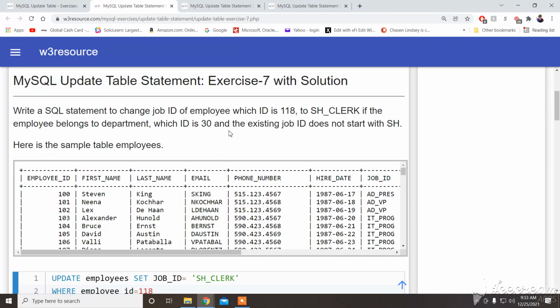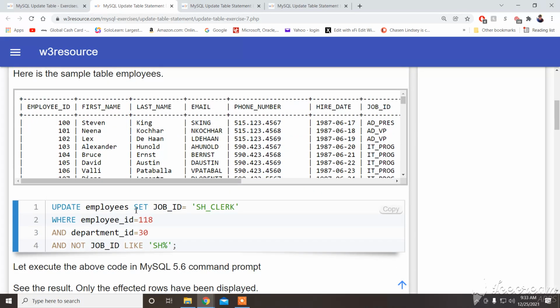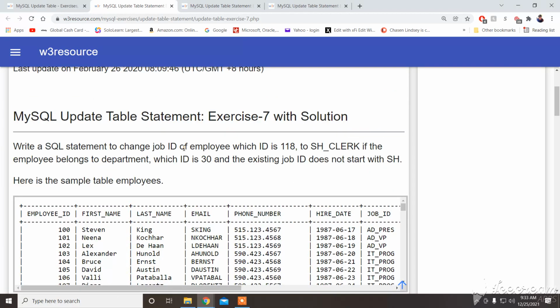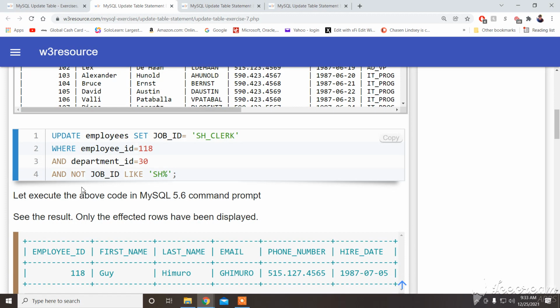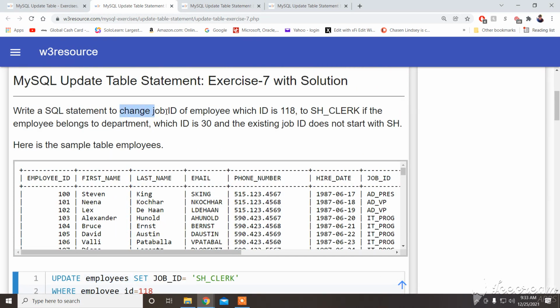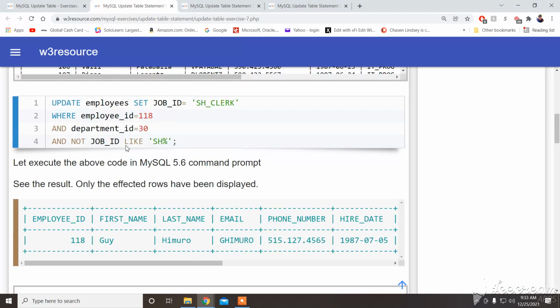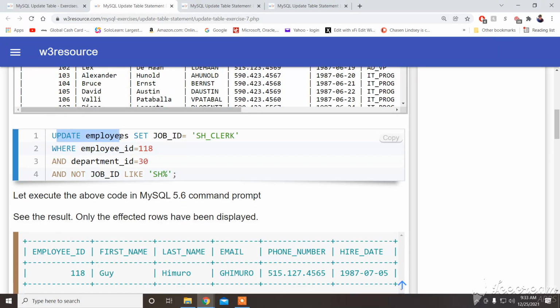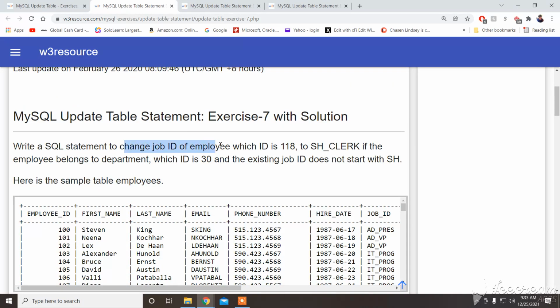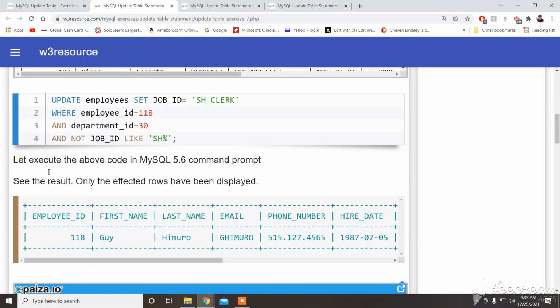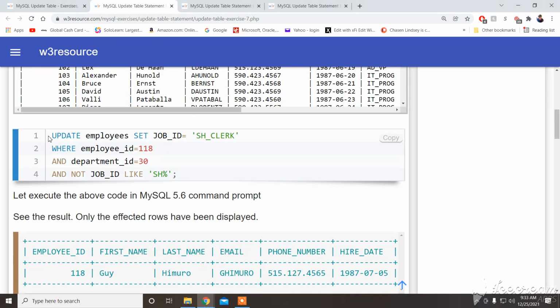All right, so change the job ID of employee. Set job ID. Change of employee. And I'm going to speak real fast since we did this a bunch of times.